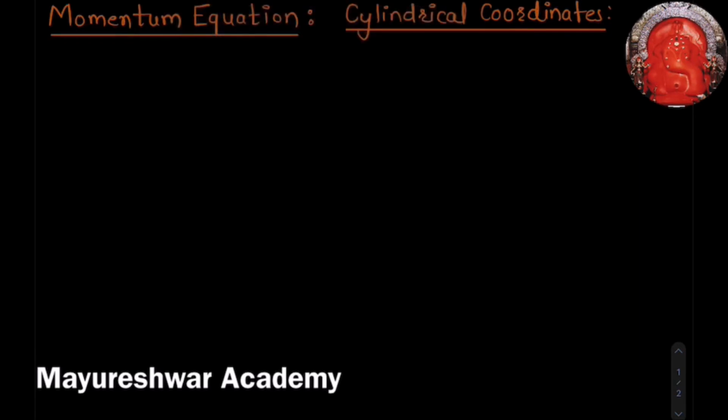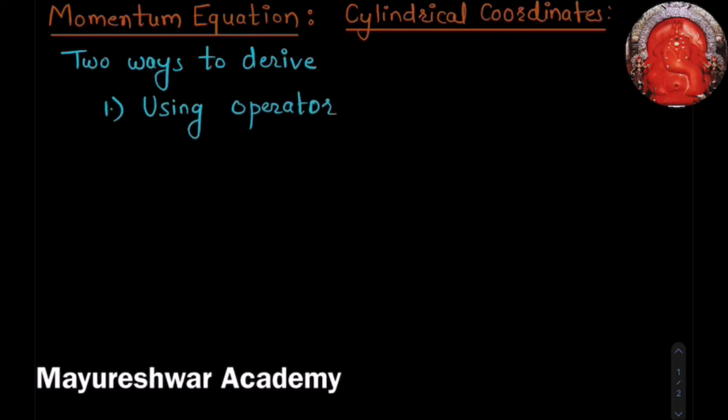So in general there are two ways to derive this particular equation. The first one is using the operator definitions available in vector or tensor calculus.